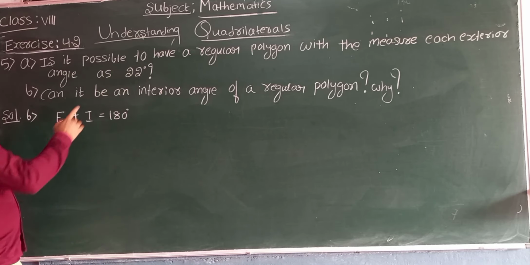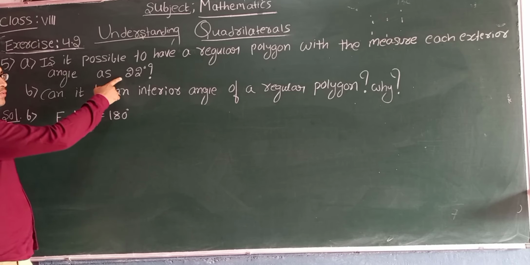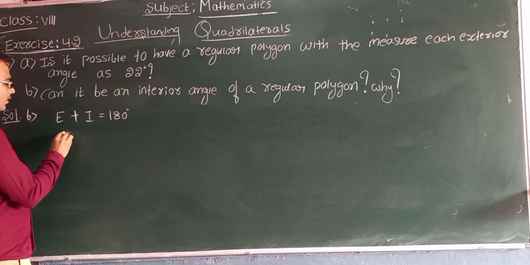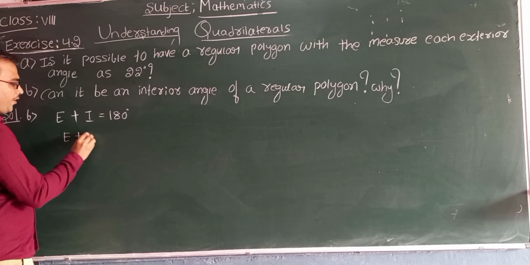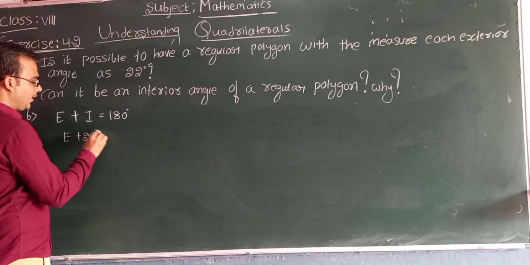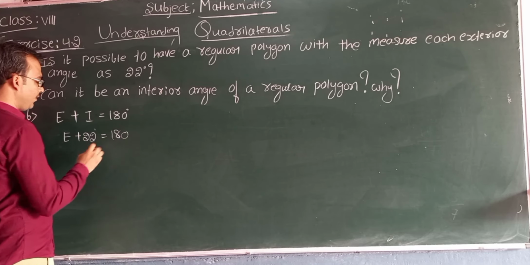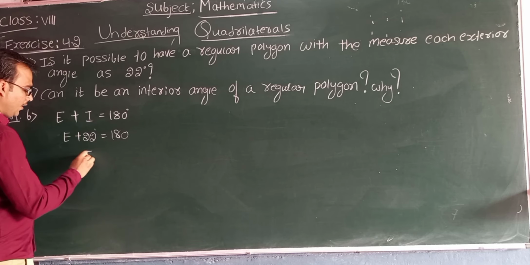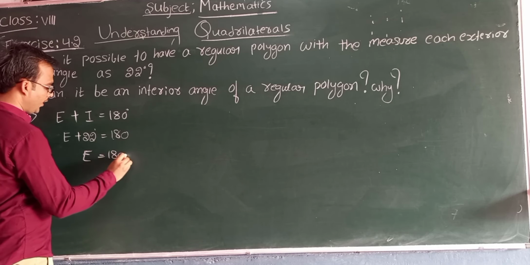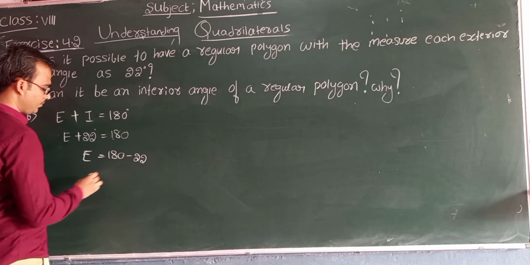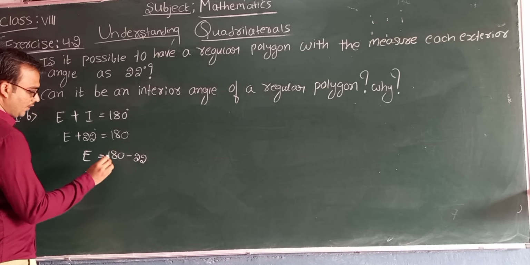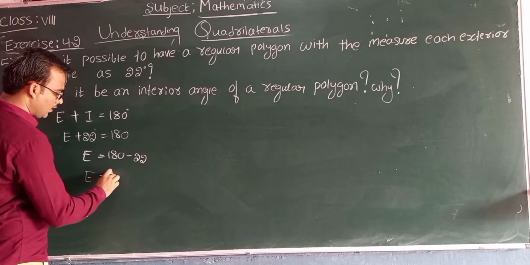So now we have to consider this as the interior angle. Okay, so 22 degrees equals 180 minus E. So here E equals 180 minus 22. So E is equal to how much?